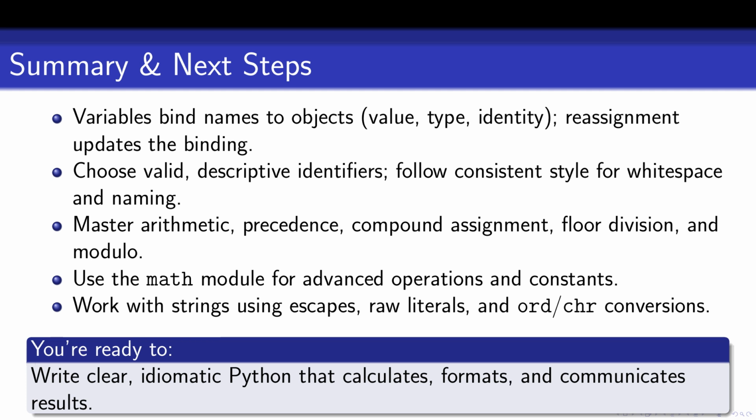Python's math and random modules extend these capabilities with advanced functions and randomness for simulations. Strings are represented in Unicode, with escape sequences, raw strings, and encoding functions like ord and chr enabling flexible text handling. With these tools, you're now prepared to write programs that are not only correct, but also clear, idiomatic, and maintainable, skills that will serve you well as you tackle more advanced Python programming challenges.